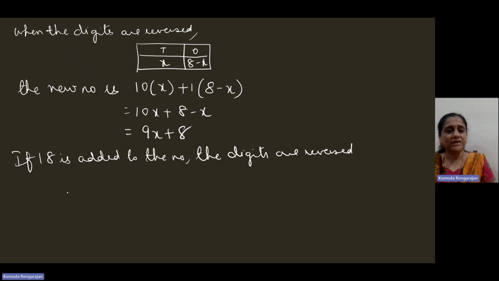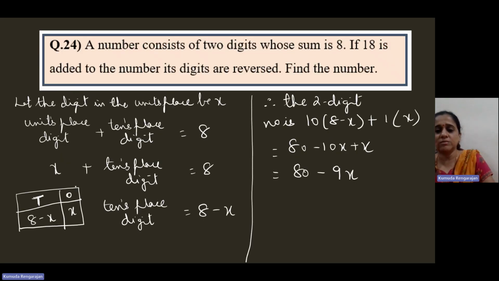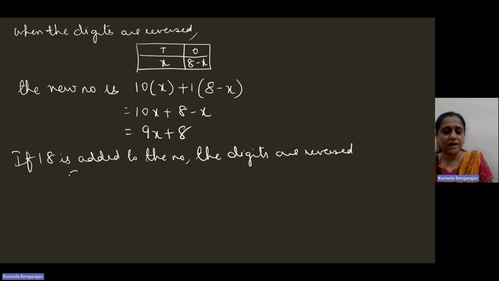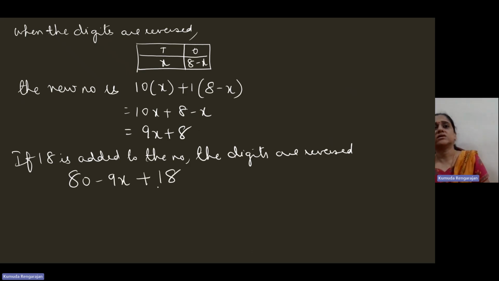So if 18 is added to the number, what's the expression for the number? 80 minus 9x is the number. If you add 18 to this, the answer you get, the digits are reversed. That means it becomes a new number, 9x plus 8.